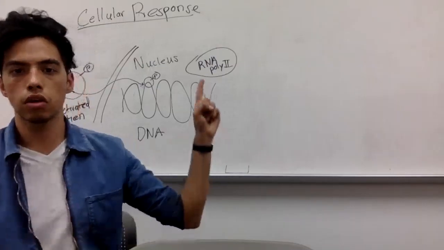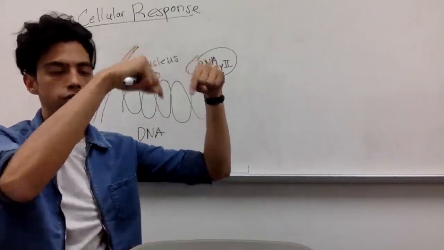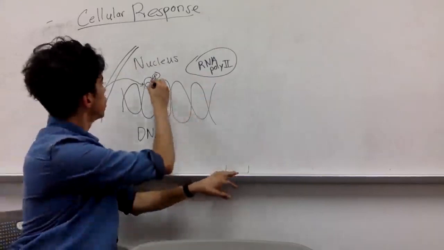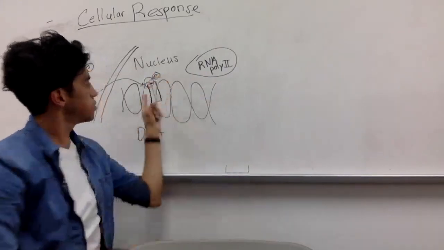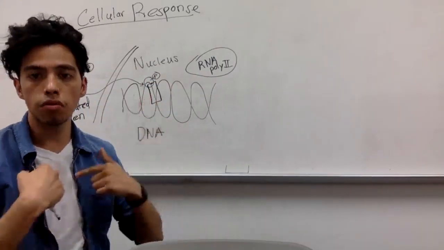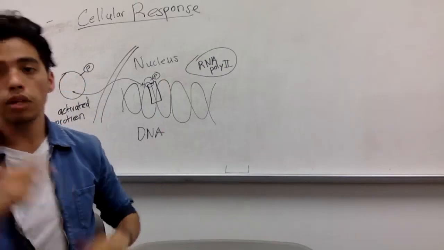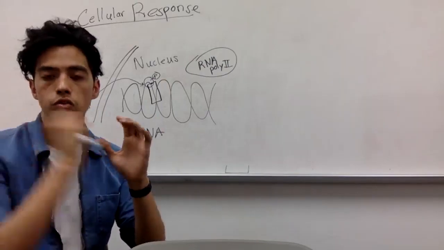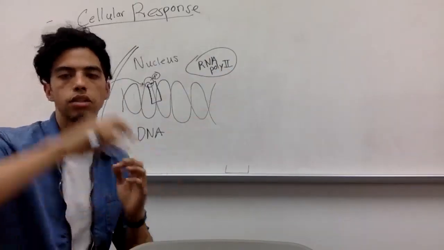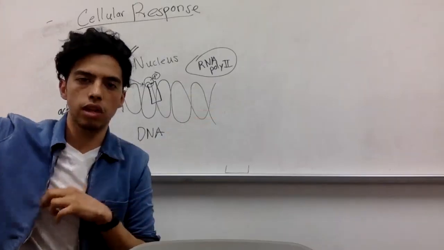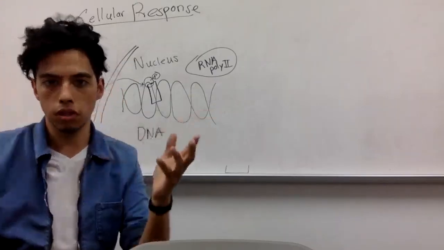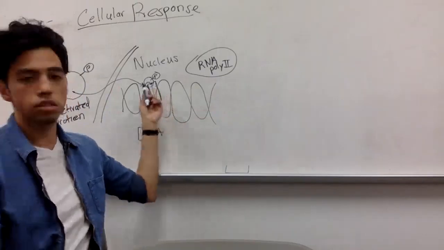It's basically going to tell this RNA polymerase, hey, come over here. We have this specific strand of DNA that I'm a promoter for, we need to transcribe it and then make a protein, because we have this signal on the outside telling us that we need to make a certain type of protein or whatever.